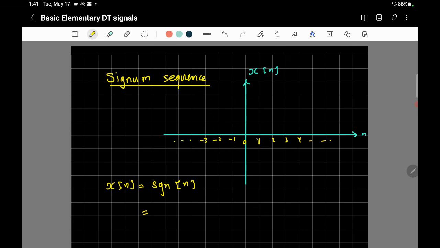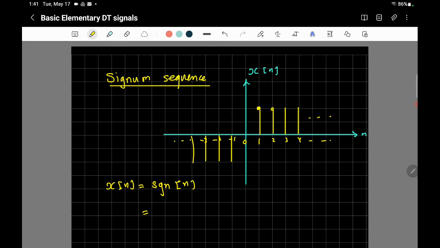When it's positive, n equal to 1, the value will be equal to 1, right? When n equal 2, it's equal to 1. When n equal 3, when n is positive in general, you're going to have 1. When n is negative, you will have negative 1. You can continue, right? So that's obvious.